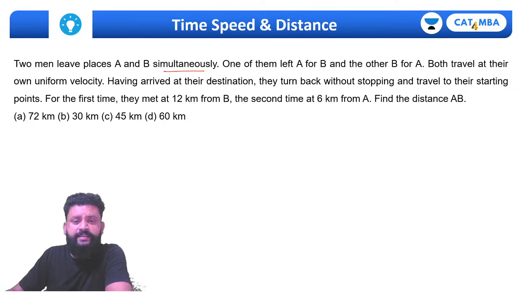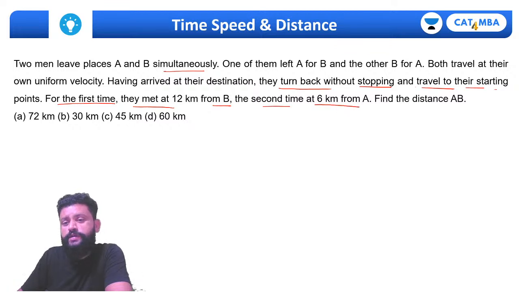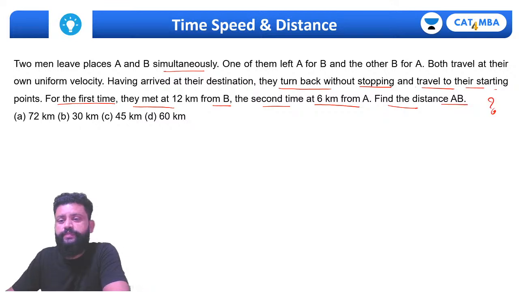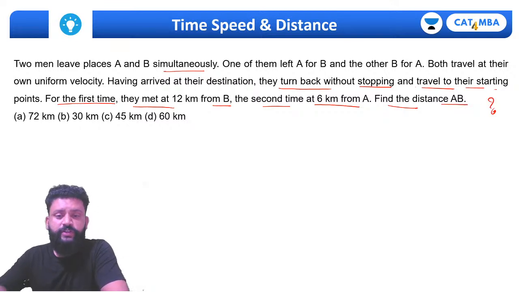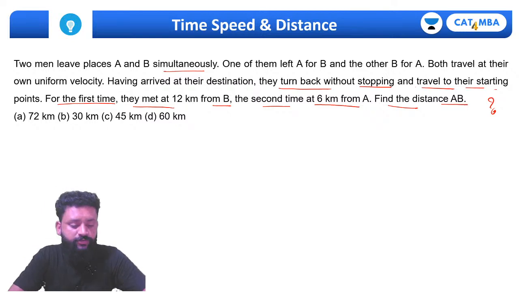Having arrived at the destination, they turn back without stopping and travel to their starting points. For the first time they meet at 12 km from B, and the second time at 6 km from A. Then find the distance. So those who are watching this video, guys, quickly try it for a minute.